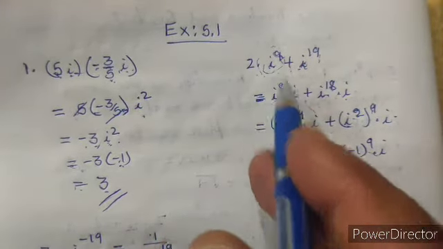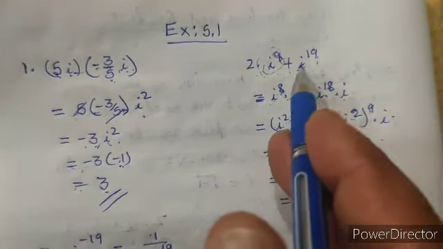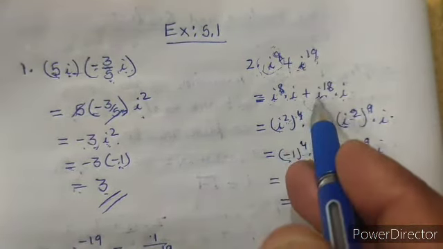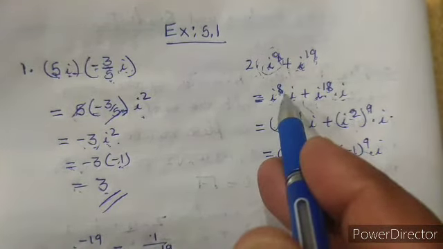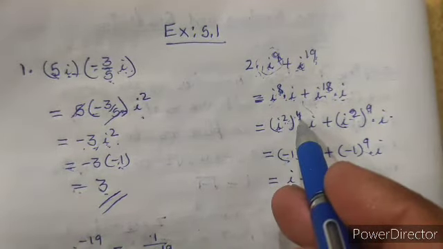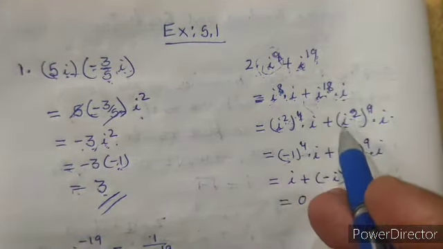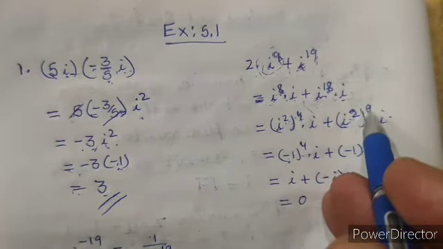So, i raised to power 9 can be written as i raised to power 8 into i. And i raised to power 19 can be written as i raised to power 18 into i. Now, i raised to power 8 can be written as i square raised to power 4. And i raised to power 18 will be i square raised to power 9.